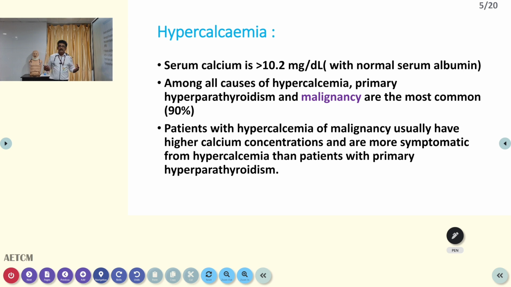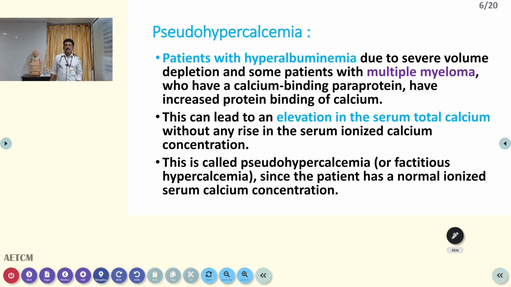In both conditions, calcium levels are very high, but hyperparathyroidism-induced hypercalcemia can easily be controlled, whereas malignancy-related hypercalcemia is very difficult to treat because it is a continuous and intensive process. That is very important. Higher calcium levels, clinical features, symptomatic patients, and difficulty in control are all features of malignancy-related hypercalcemia.